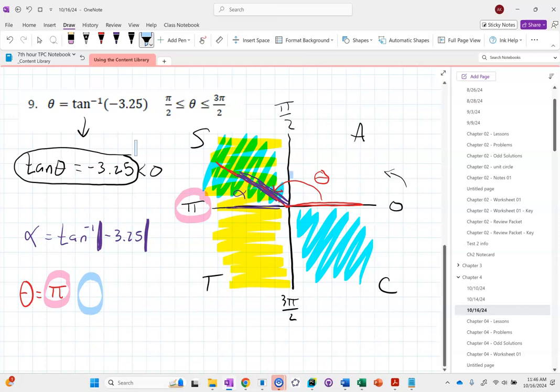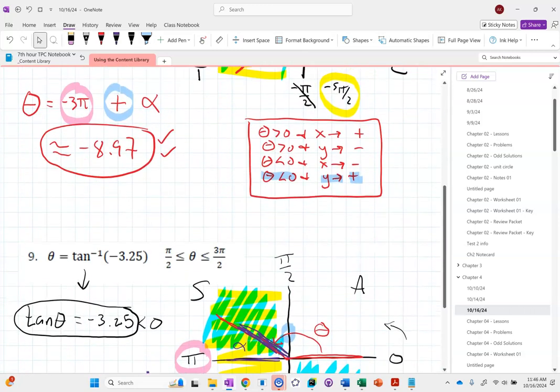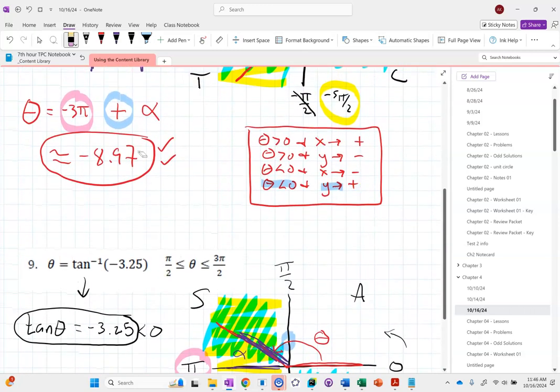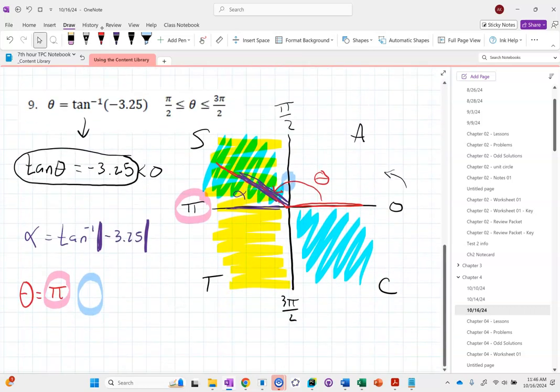To do that, we're going to look at which axis we cross right before the terminal side. So that's the y-axis this time. And because theta is positive in this case, we know that right from the beginning, we should be using subtraction here. So that's my rule. And then it's always alpha at the end.